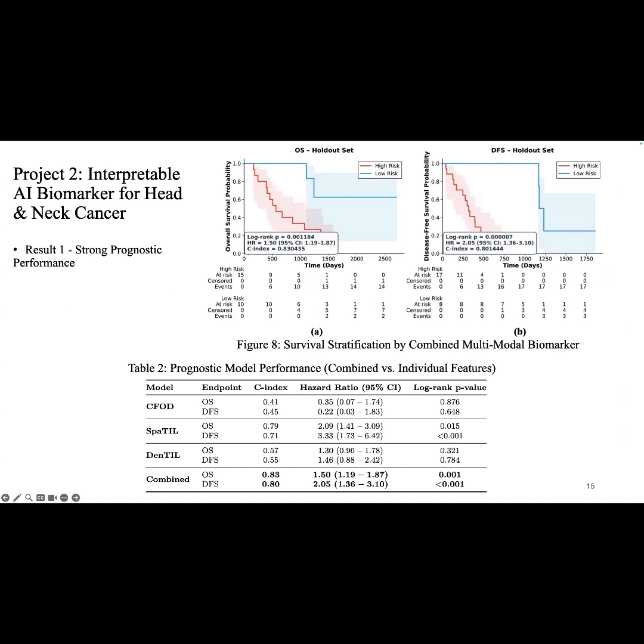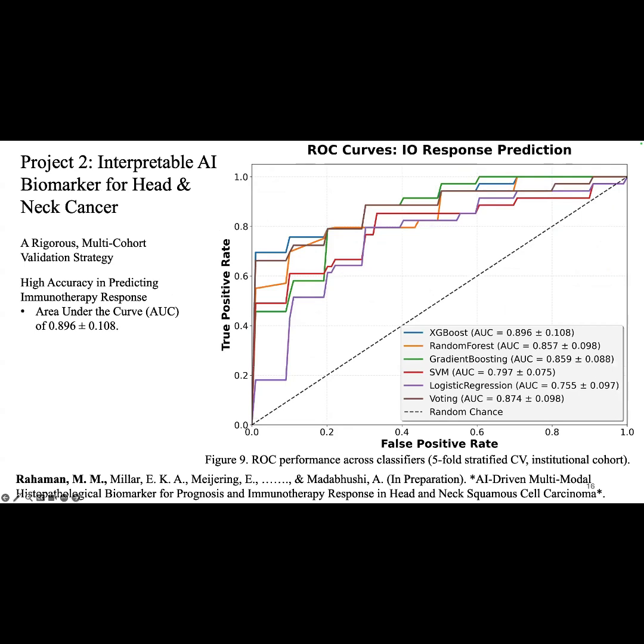The results demonstrate that integrating all three feature sets yields the strongest and most reliable prognostic signature. For immunotherapy response prediction, we achieved very high accuracy, and the ROC curve demonstrates the performance across different classifiers using 5-fold cross-validation.